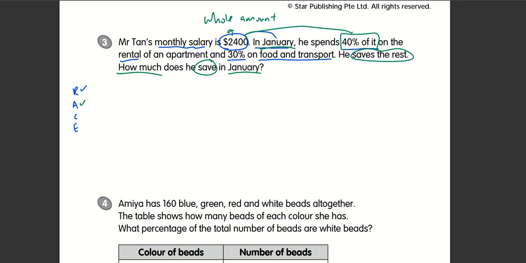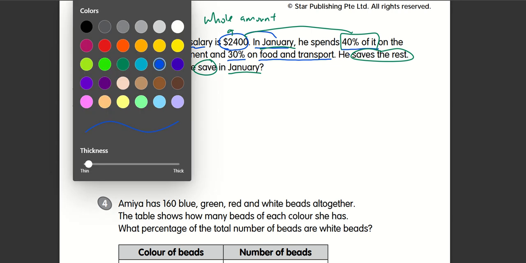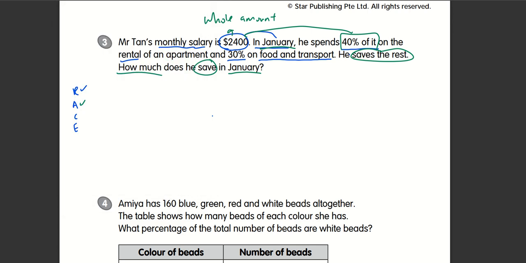If I were to draw a Pareto number bond, the whole is 100%. The 100%, we are looking at the total amount of $2,400. This amount that he earned.